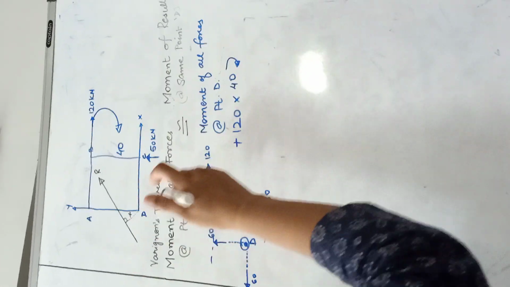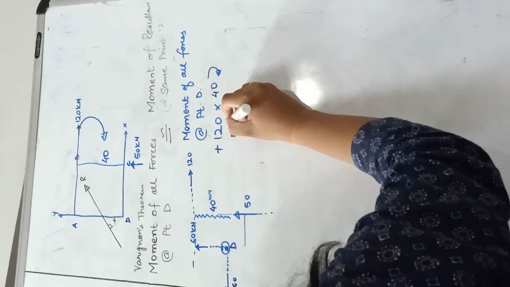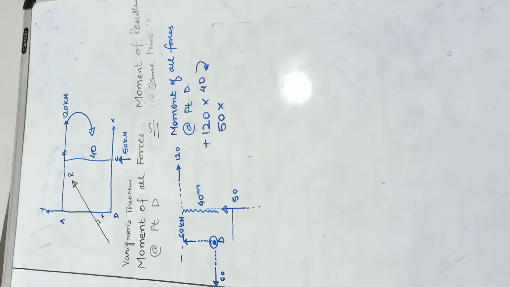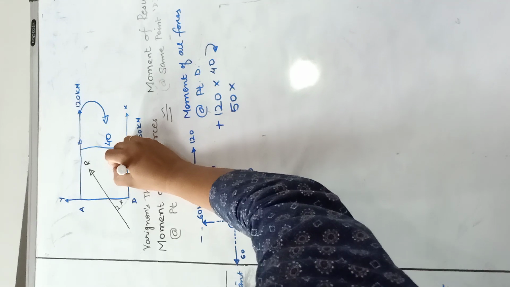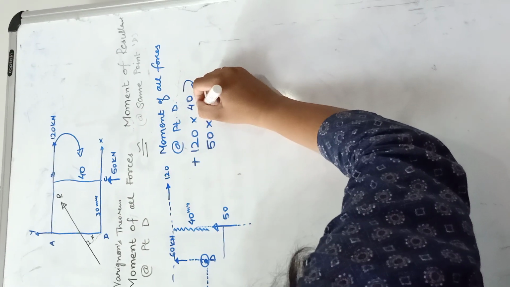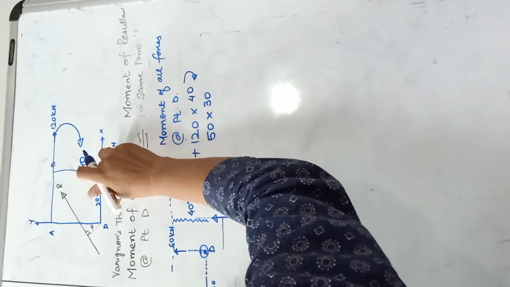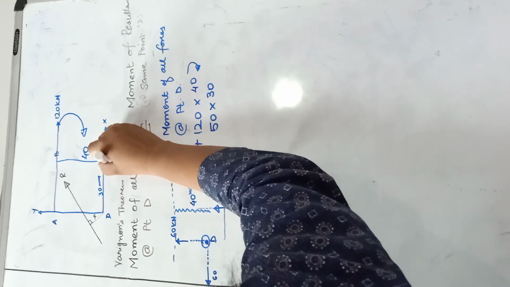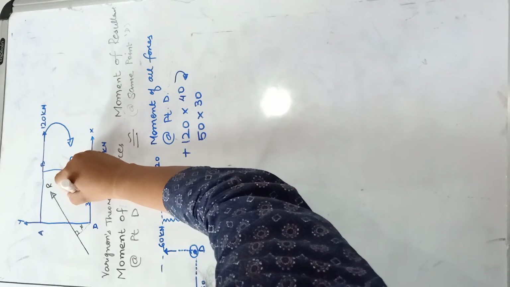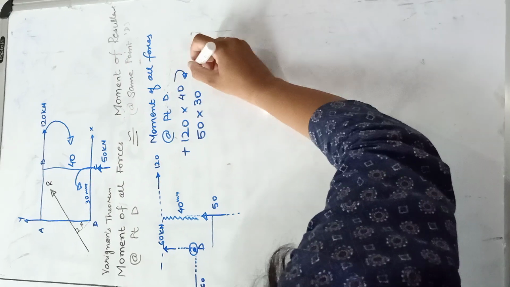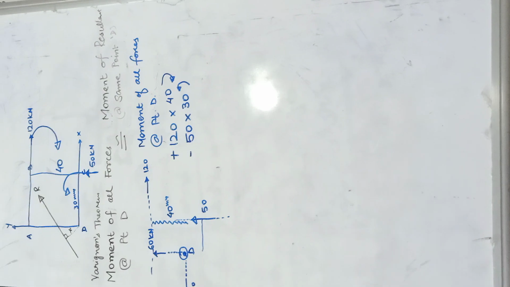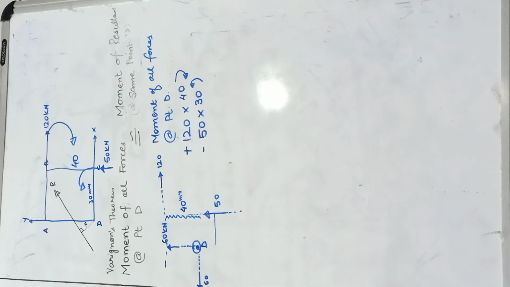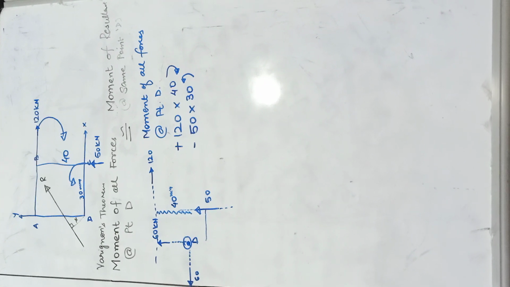Similarly, 50 kilonewton. What is the distance up to point D? 30 mm. So into 30, and it is trying to rotate the body in an anti-clockwise direction, so it will be minus. If I find the moment, what do we get?